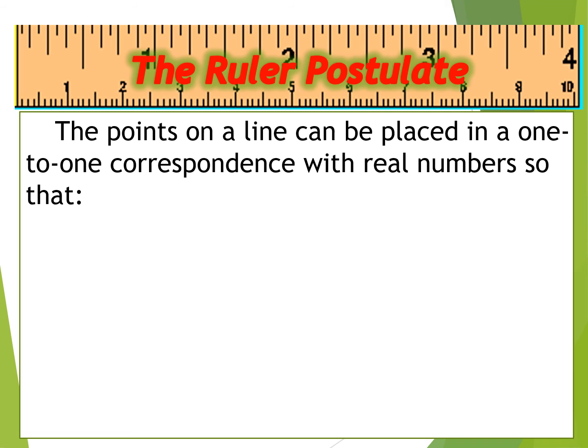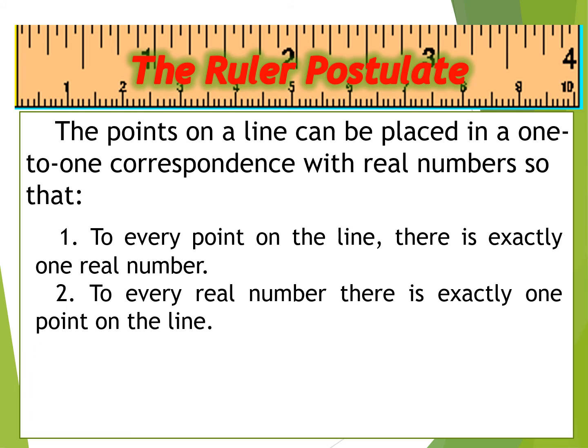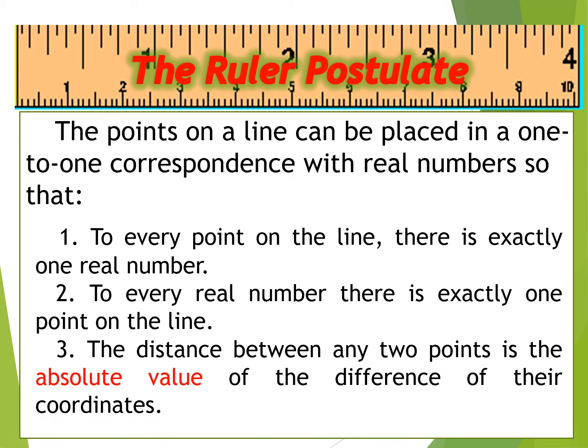So let's use the ruler postulate. The points on a line can be placed in a one-to-one correspondence with real numbers so that to every point on the line there is exactly one real number, and to every real number there is exactly one point on the line. And third, the distance between any two points is the absolute value of the difference of their coordinates.